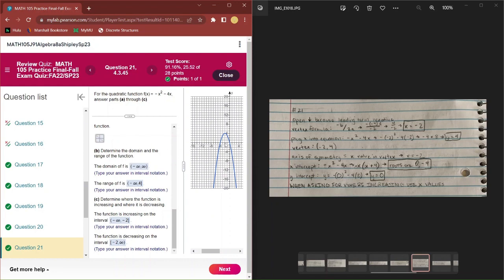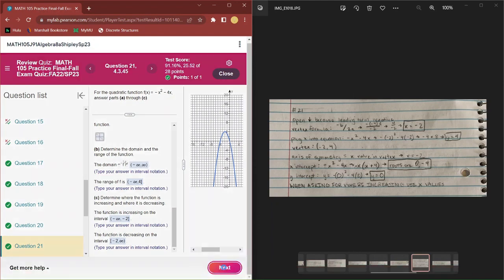The x value is at -2. Yes, it's increasing from -infinity to -2. And then it's decreasing from -2 to infinity because it's going from here to here. And on the x-axis, it's just here to here, which is infinity. So move on from that.